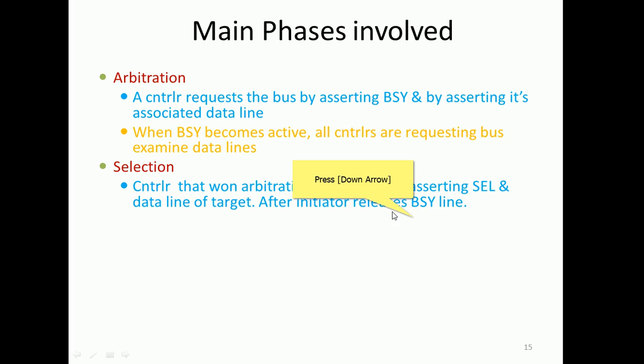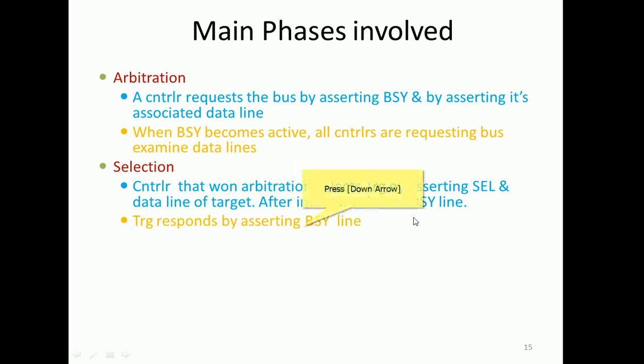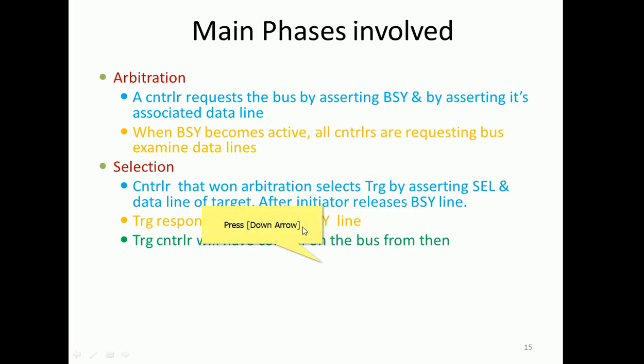After the initiator releases the bus BSY signal, the target responds by asserting the bus BSY signal. The target controller then has control of the bus from then.